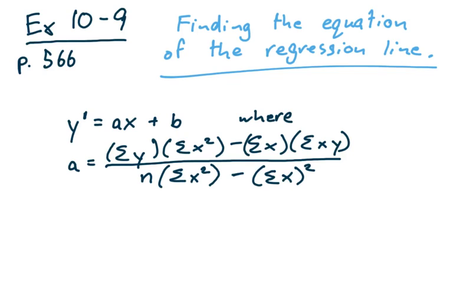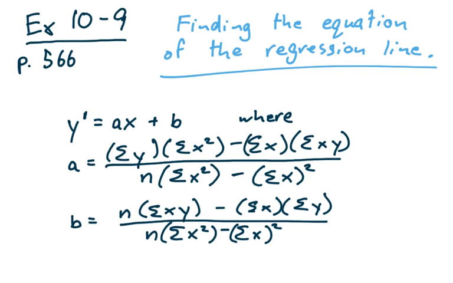And similarly, b is equal to n times the sum of all of the x's times y's minus the sum of all of the x's times the sum of all of the y's, all divided by n times the sum of the squared x's minus the sum of all of the x's squared. Remember, those are two different things, so you've got to remind yourself by saying them a little bit differently. That's what I always try to do.